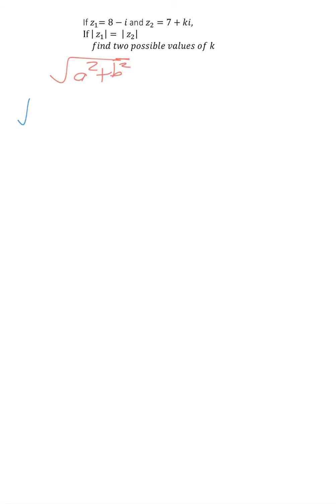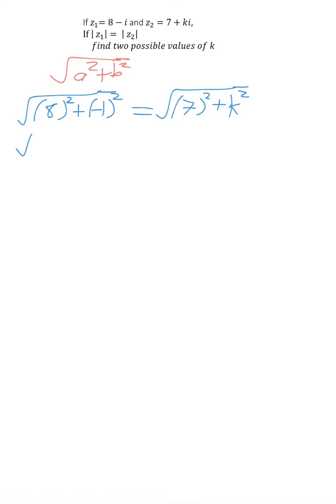So for z1, I'm going to have the square root of 8 squared plus minus 1 squared, equal to the modulus of z2, which will be the square root of 7 squared plus k squared. So 8 squared plus minus 1 squared will be the square root of 65, and on the other side I'm going to have 49 plus k squared.